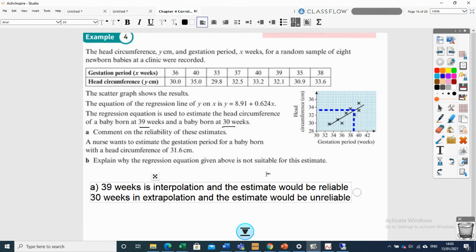Okay. Interpolation within the data range, reliable. Extrapolation beyond the data range, unreliable.